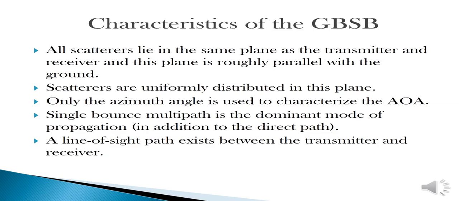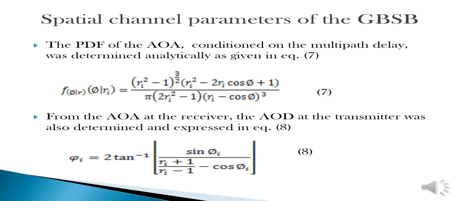Normally, we use azimuth and elevation, but since my physical model is showing overlapping ellipses, there was no need for the elevation part, so we only use the azimuth angle to characterize the AOA. The single bounce multipath is the dominant mode of propagation in GBSB, and it is assumed that a line of sight path exists between the transmitter and the receiver.